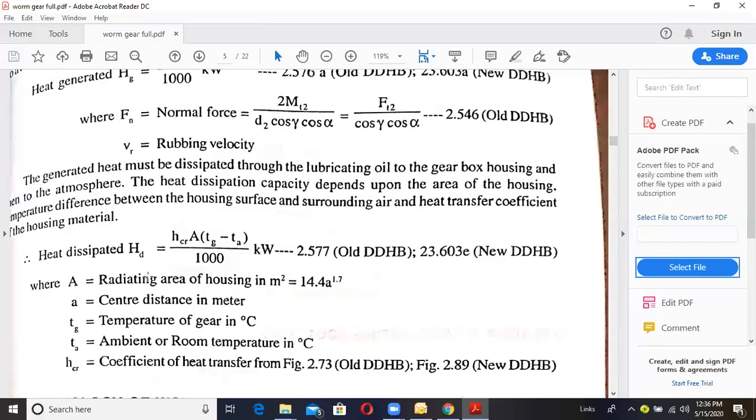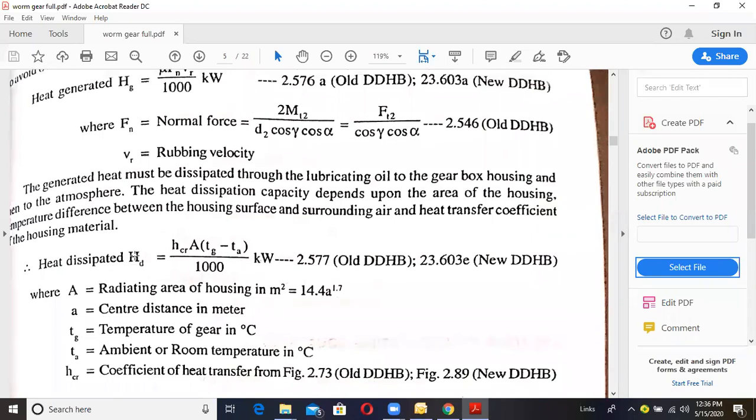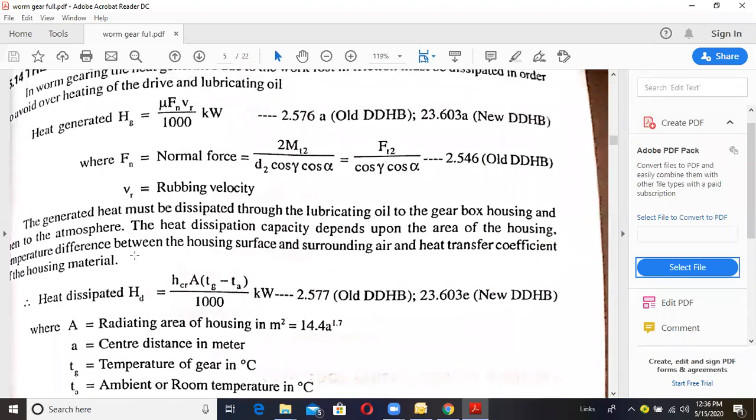A is the radiating area of housing, calculated by using the formula 14.4 A to the power of 1.7. Tg is the temperature of gear, and Ta is the ambient or room temperature. So by using this formula, we calculate heat dissipated. Understood? So by using these two formulas, we have calculated heat generated and heat dissipated.